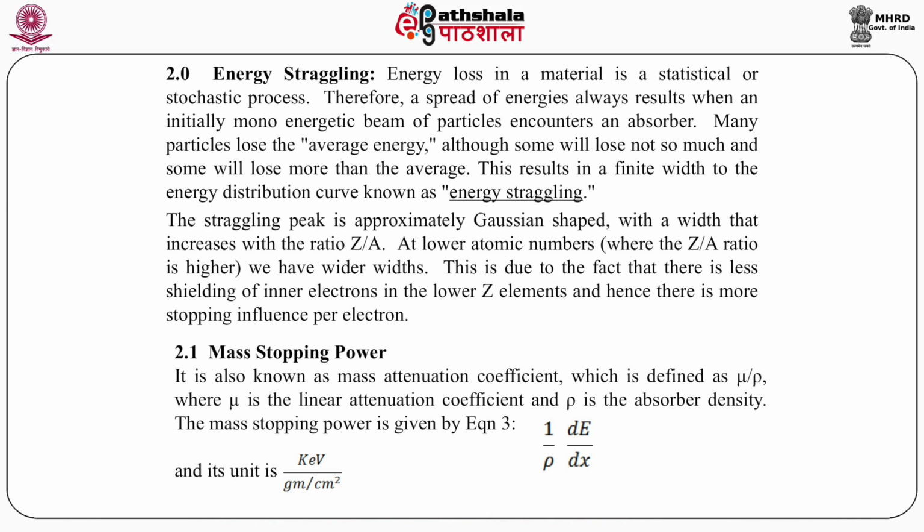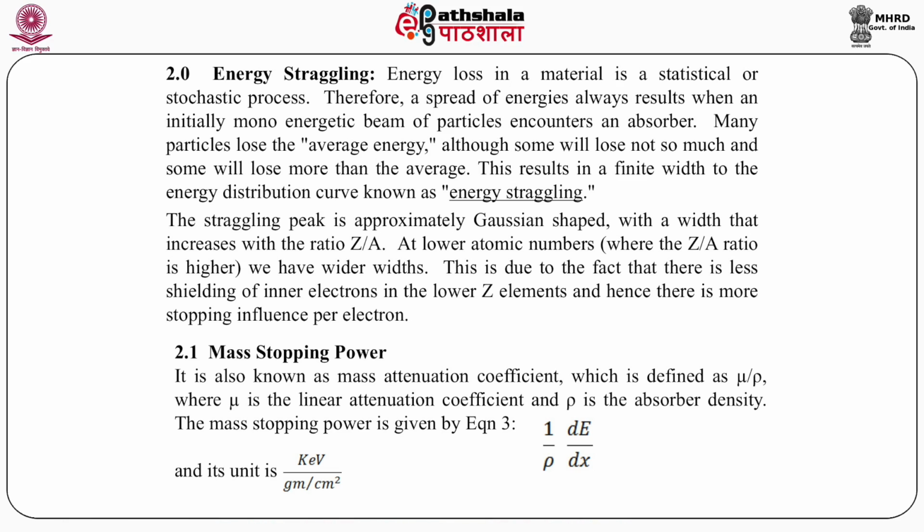Many particles lose the average energy, although some will lose not so much and some will lose more than the average. This results in a finite width to the energy distribution curve, known as energy straggling.